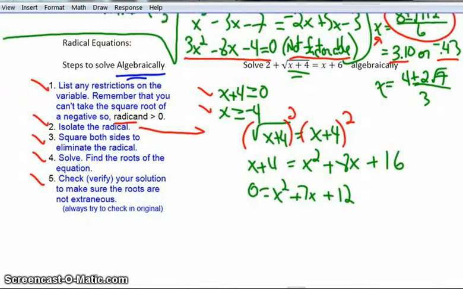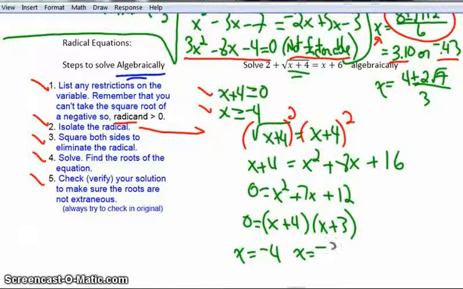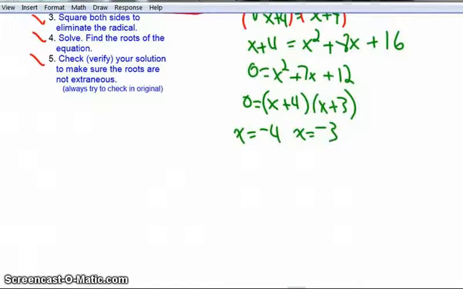That gives us 0 is equal to x plus 4 and x plus 3. So algebraically, we have solutions that are x equal to minus 4 or x equals minus 3. We check to see whether that conflicts with our restriction, x greater than or equal to negative 4. So far, both of those answers work.